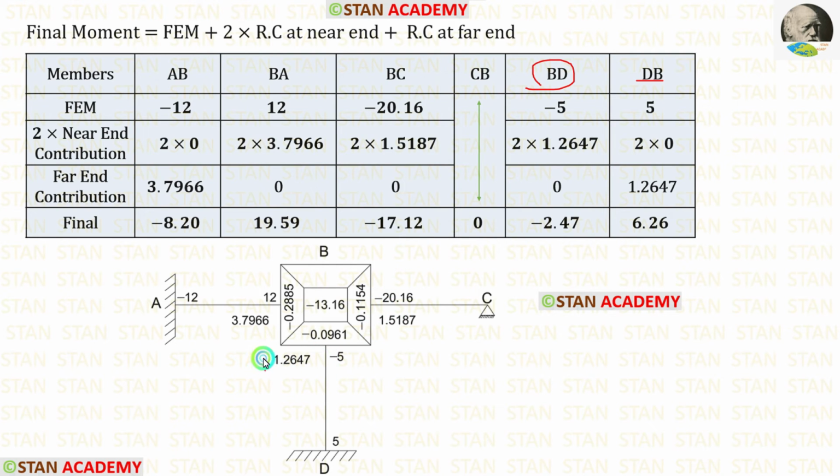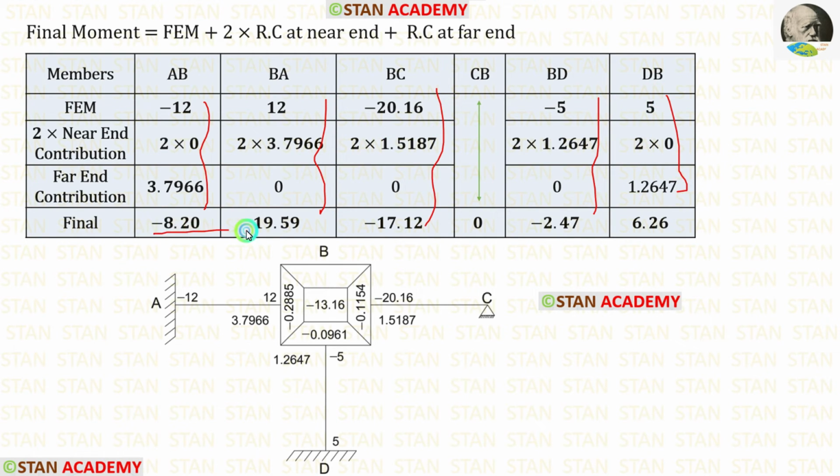In BD, the contribution is 1.2647. We have to be very careful. For CB, we cannot add 2 into near end contribution and far end contribution because we have already released CB and made it 0. Now let us find the final moments. For that, we have to add these 3 values.